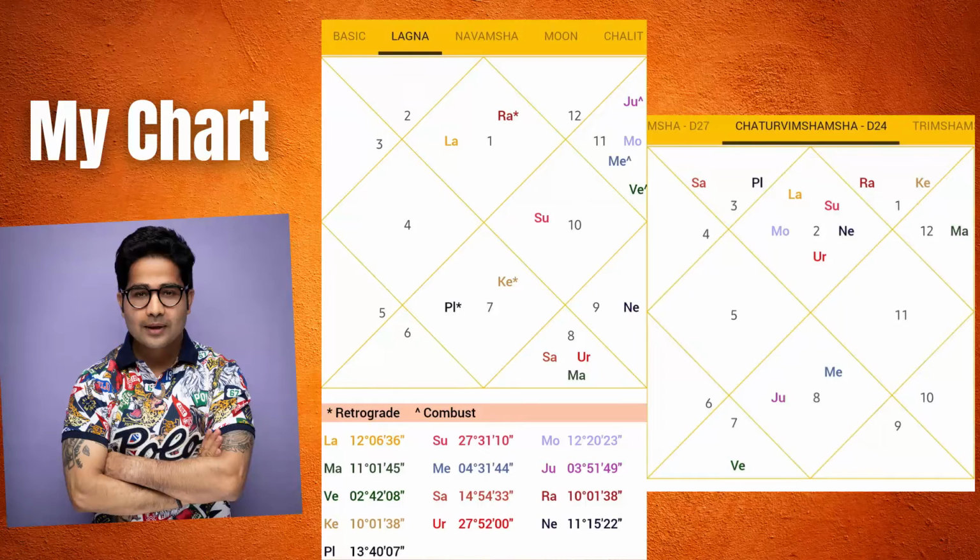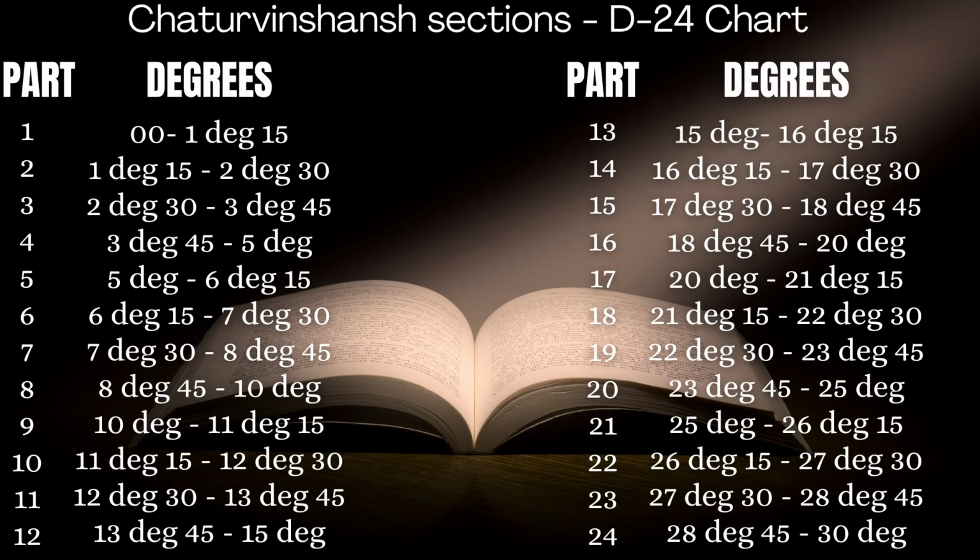So now friends, before we move to the next reference chart, if you also want to see how to correlate or attach the devatas with your planets, that is very simple. As you can see, my Lagan is placed at 12 degrees 6 minutes but in an odd sign. All you have to do is go to this table and see that 12 degrees 6 minutes falls in the 10th part, as we divide into 24 parts of 1 degree 15 minutes each.